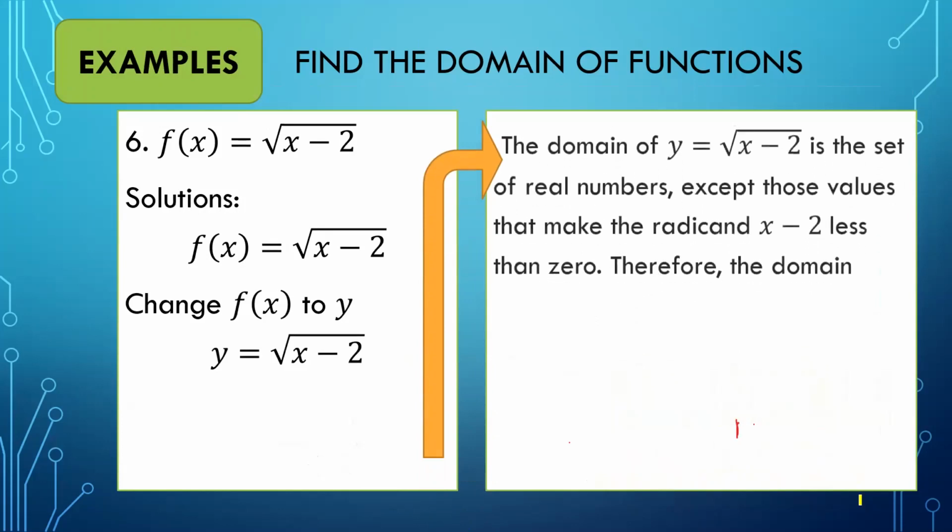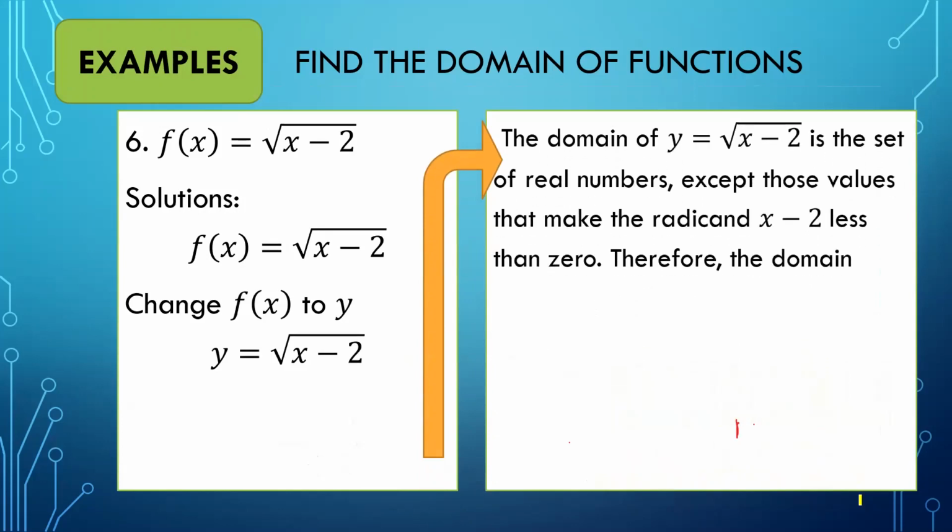So here we have the domain of y is equal to the square root of x minus 2. It is the set of all real numbers except those values that make the radicand, which is x minus 2, less than 0.